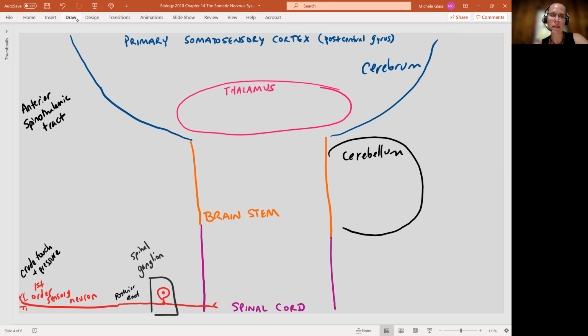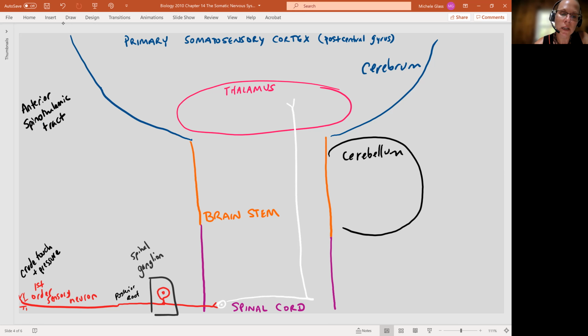Now, in the case of our anterior spinothalamic tract, we put in our table that decussation is going to happen at the spinal cord level. So I'm going to draw in white a neuron where I'm going to put the cell body synapsing onto my red first order sensory neuron. I'm going to show it coming into the spinal cord and then traveling all the way up to the thalamus.